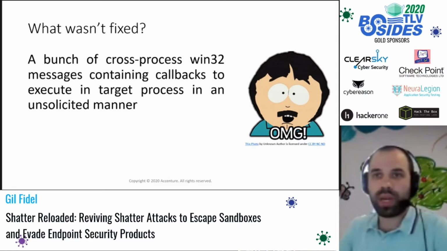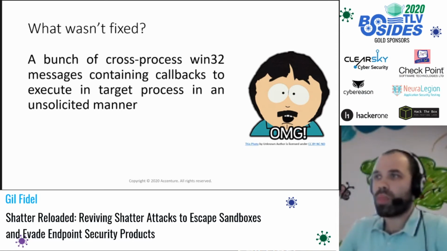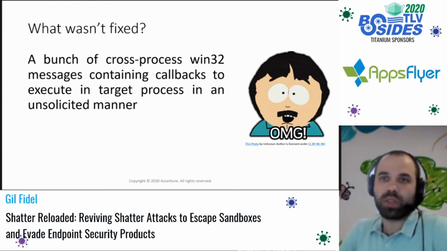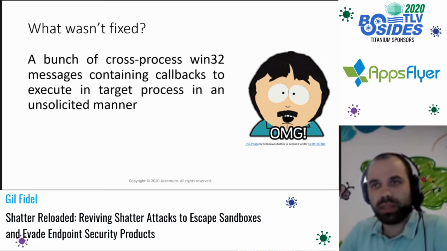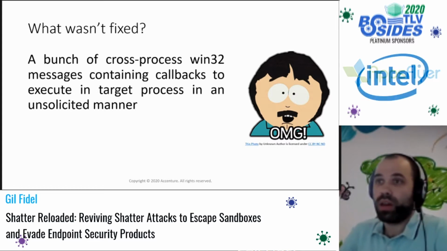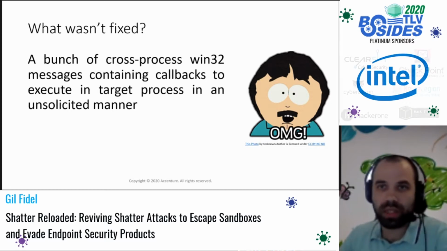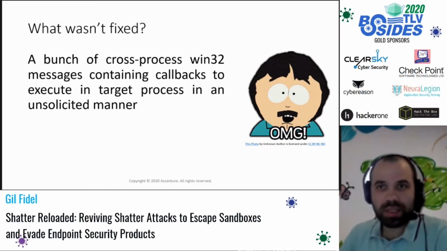But the thing that Microsoft didn't address is the fact that you still had Windows messages that could be sent across process boundaries, at least between processes running at the same integrity level, that contained callbacks, which means addresses, pointers that are interpreted in the context of the target process and executed. So this looked like something that could eventually be exploited.